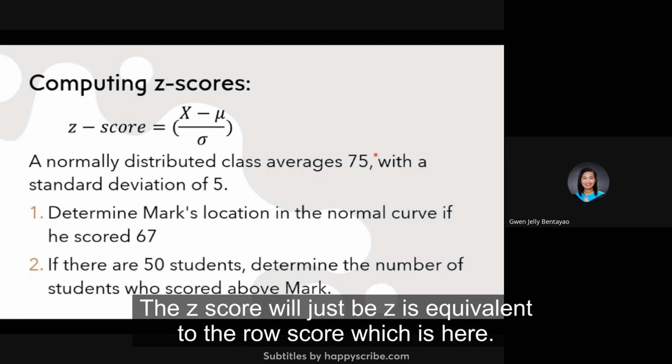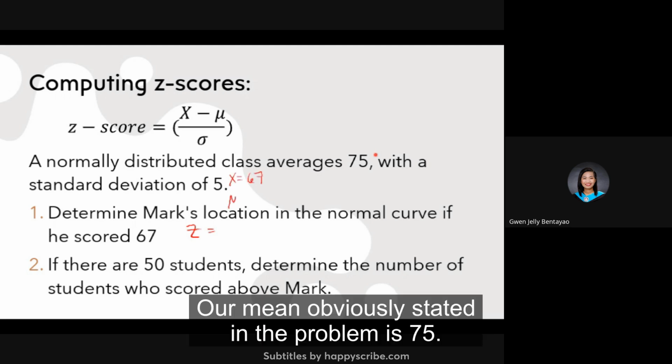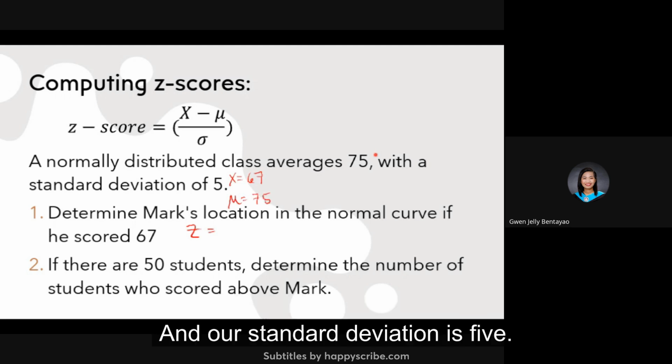The z-score is equivalent to the raw score, which here is 67, minus the mean, obviously stated in the problem, which is 75, divided by our standard deviation, which is 5.